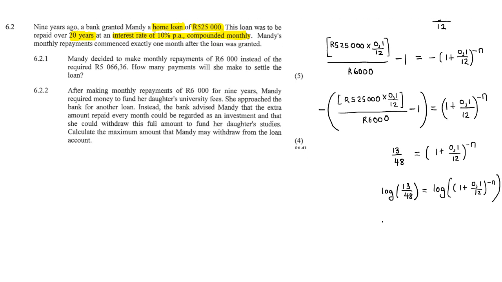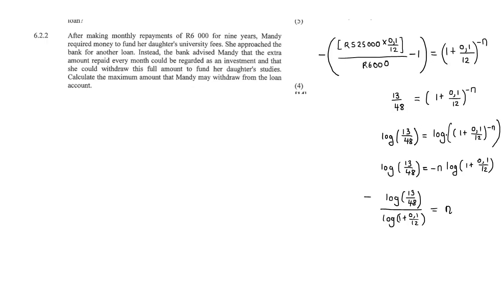Then that exponent can move to the front, so this is equal to negative n times the log of this entire bracket.